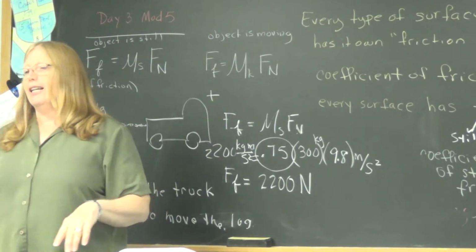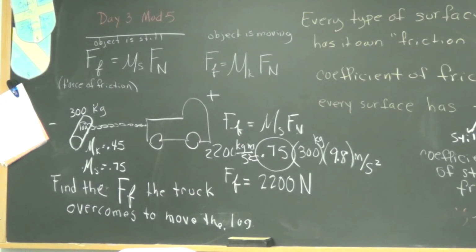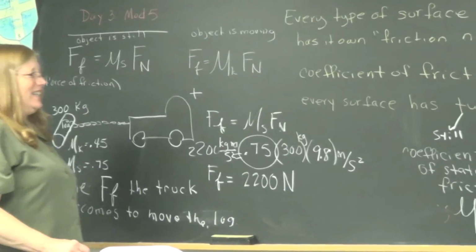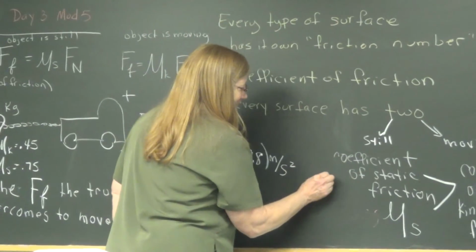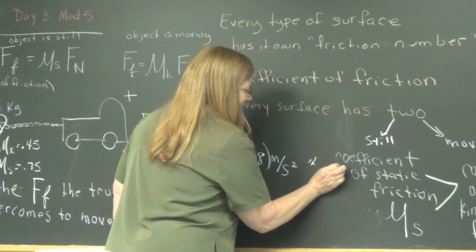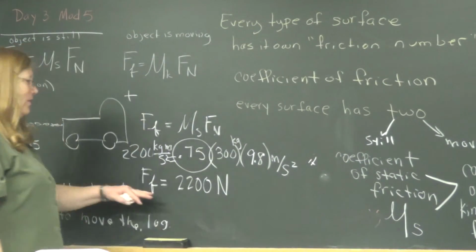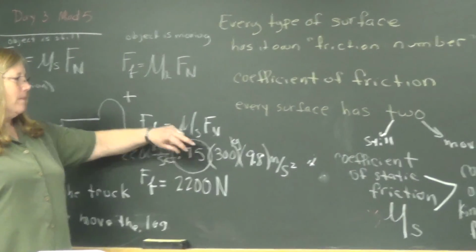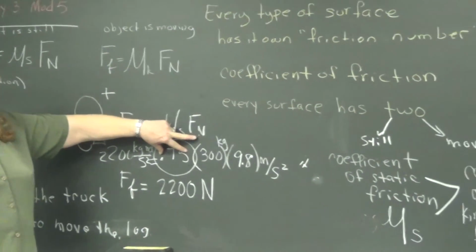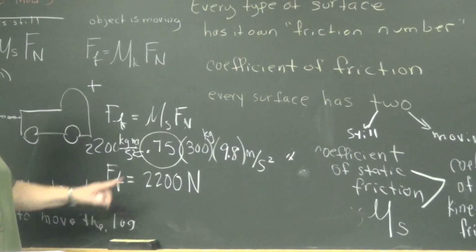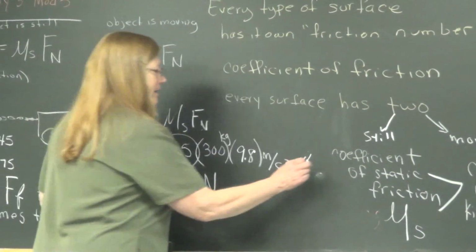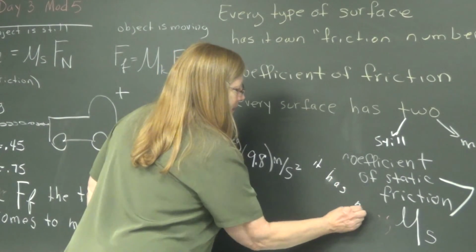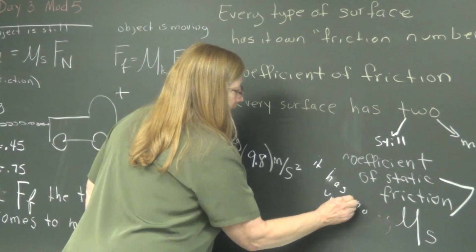Well, the answer is it is unitless. It has no units. So we can make a note of that also over here. That answer was a force, so that was in newtons. But now my second question, what is the unit for the coefficient of static friction? It has no units, neither of them, the kinetic or the static.